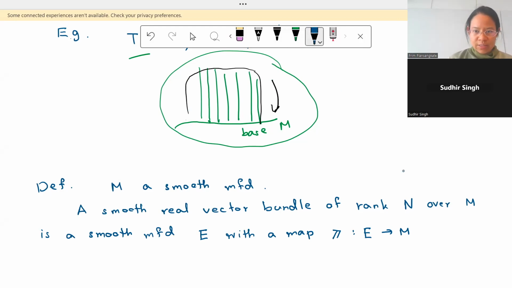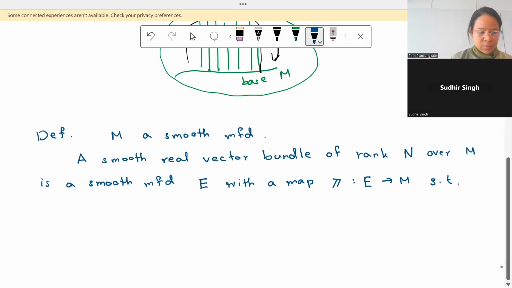We require that the projection map is onto and smooth.